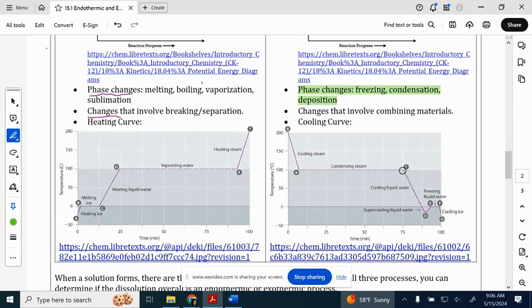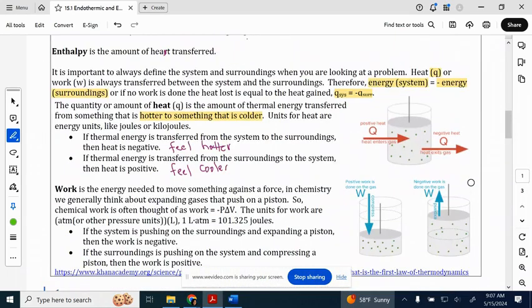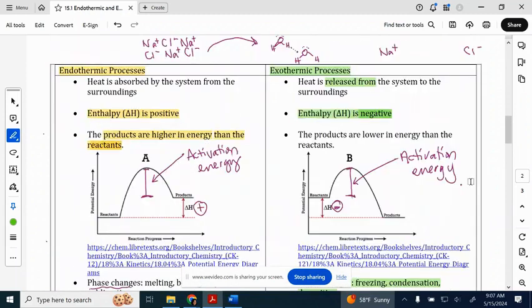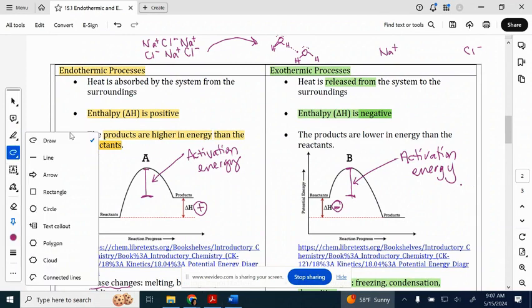If we're looking in terms of cooling curves, and you guys had to do these two curves back on one of your labs, if you remember correctly. These are your cooling curves. So we're losing heat here. A lot of times when you bring these substances together, it can go one way or the other.